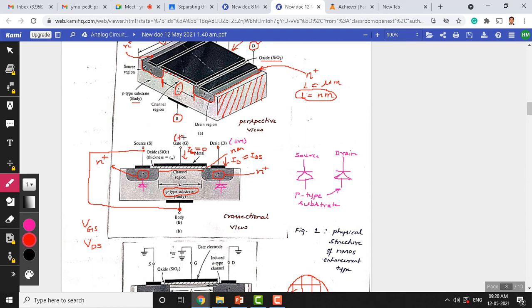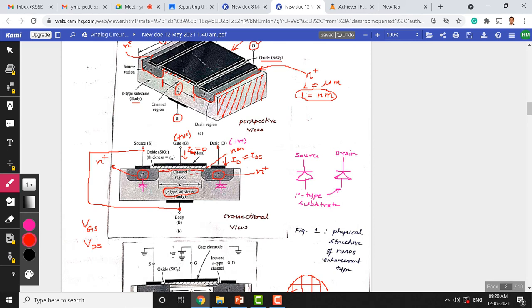Applying positive gate voltage here, as you can see, this looks like a capacitor because the top is a metal and below there is a substrate. This looks like a parallel plate capacitor. Positive gate voltage applied here creates negative charges here.